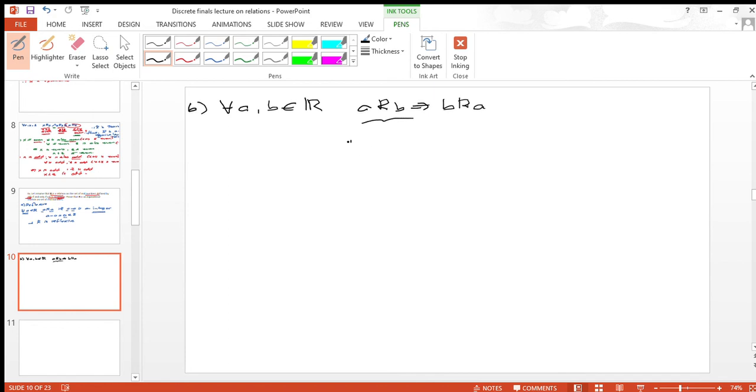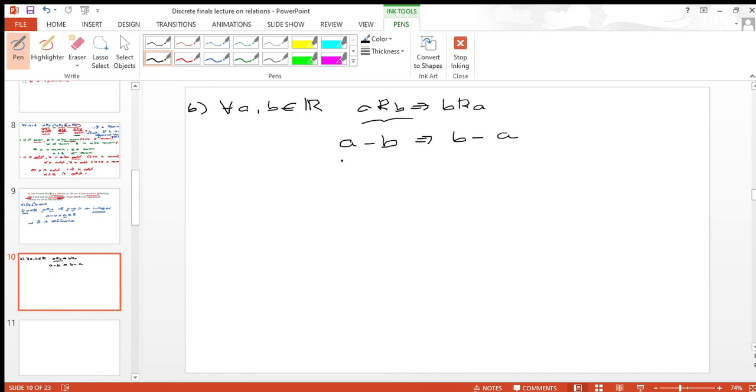We have A minus B implies B minus A. This is to be an integer. So A minus B must be an integer.